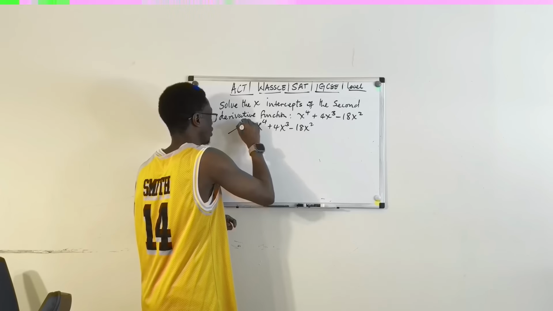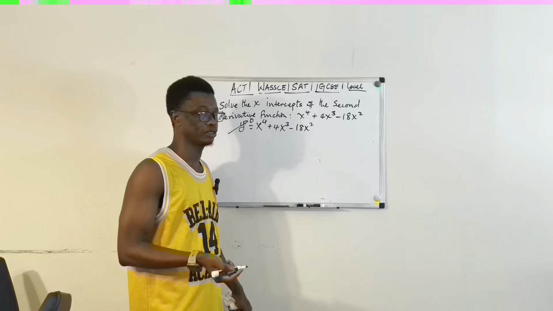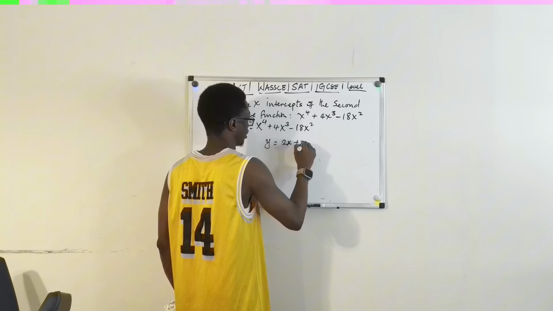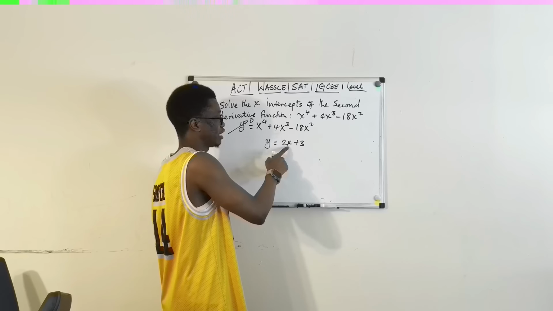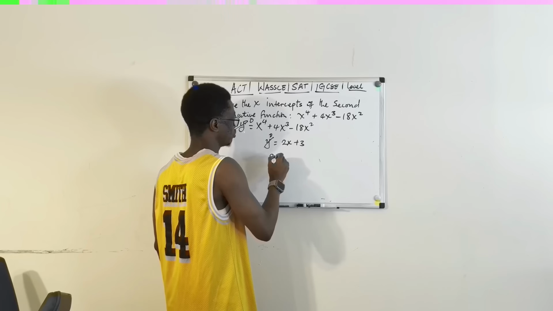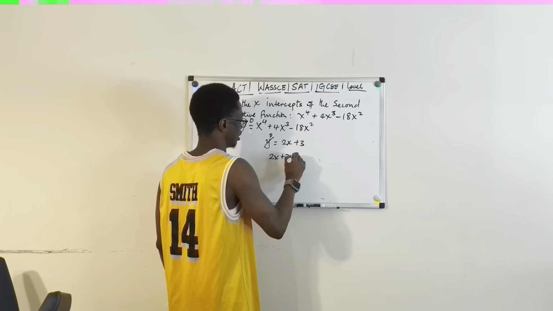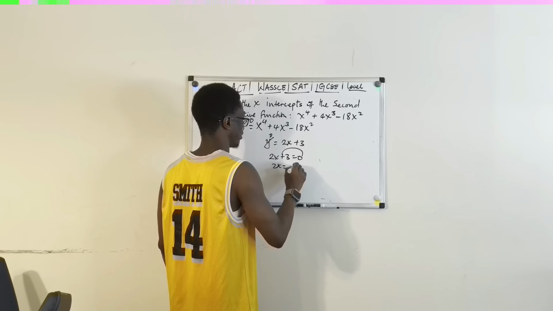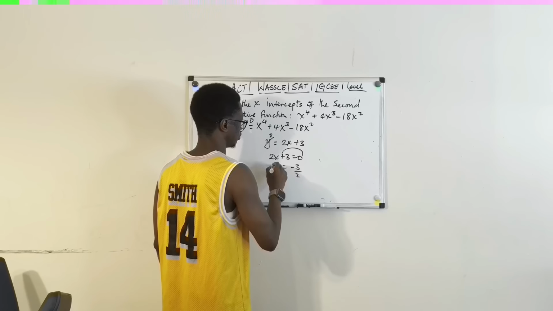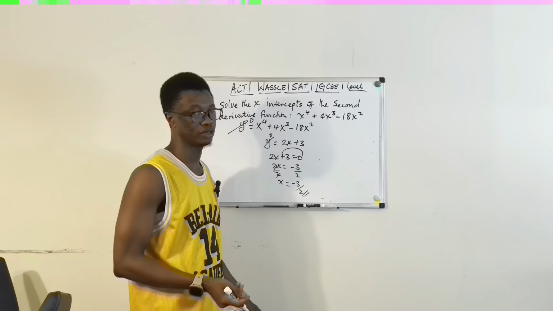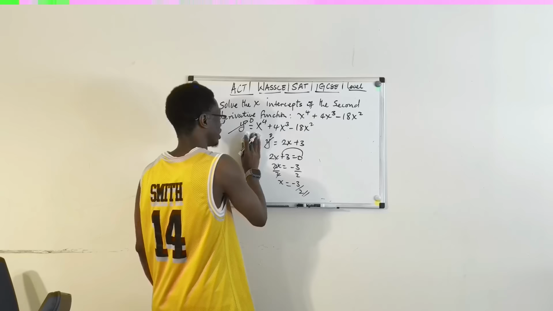Let's start with the basics. If you have 2x plus 3 and want to find the x-intercept, you equate it to 0. So 2x plus 3 equals 0. You transpose, so 2x equals minus 3, divide by 2, and that is how you find the x-intercept. Easy. Let's not complicate things here.